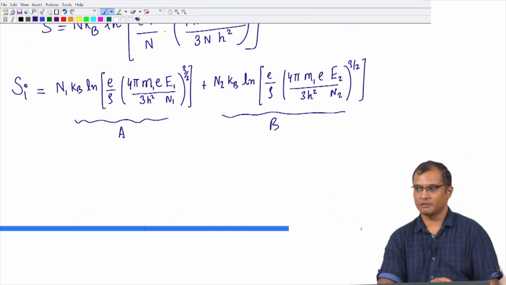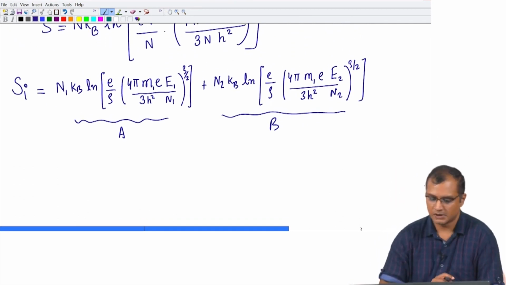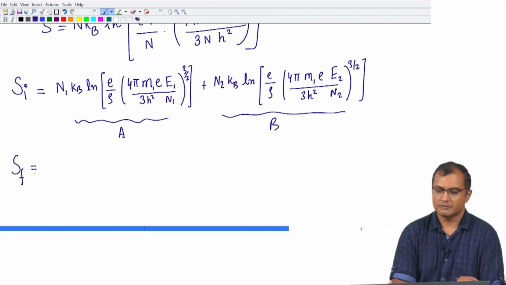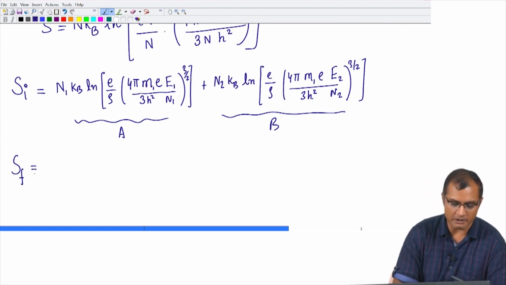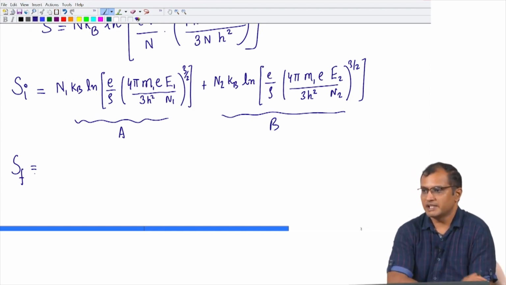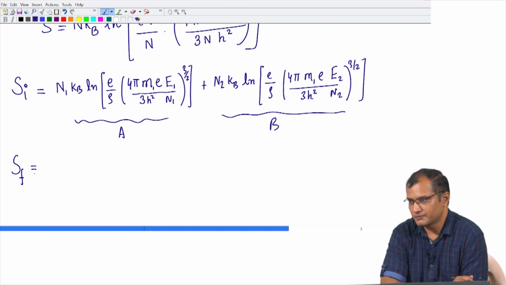Okay. Before we open the shutter. After we opened the shutter and waited for a very long time, so the final entropy becomes now you have N1 plus N2 sitting in volume V1 plus V2.